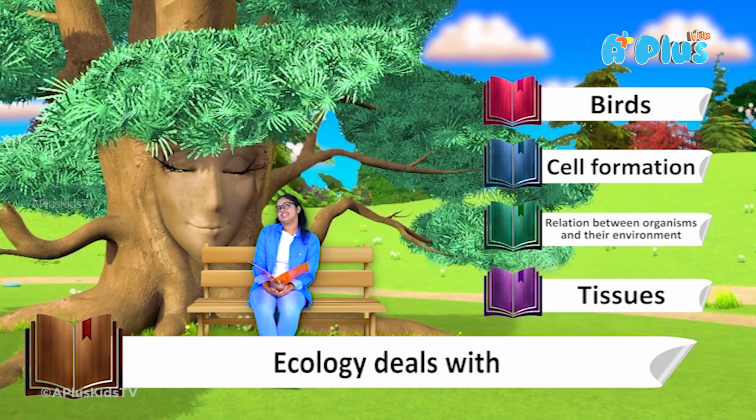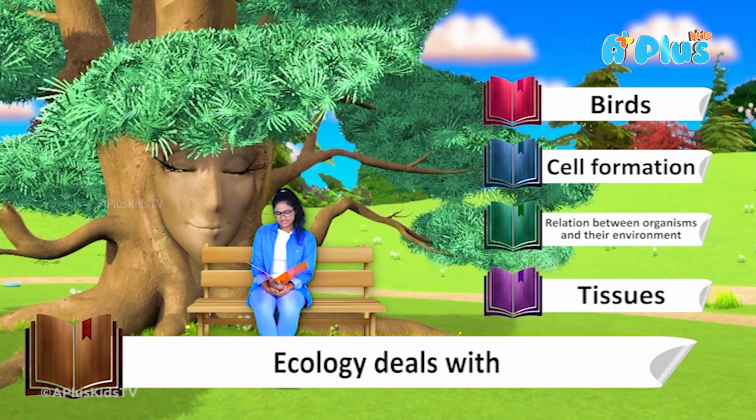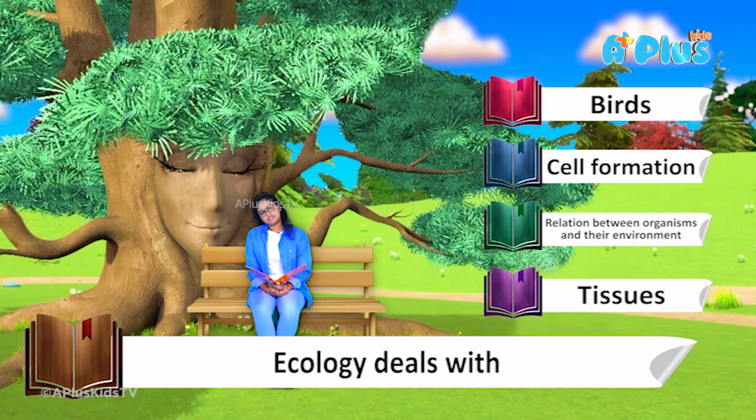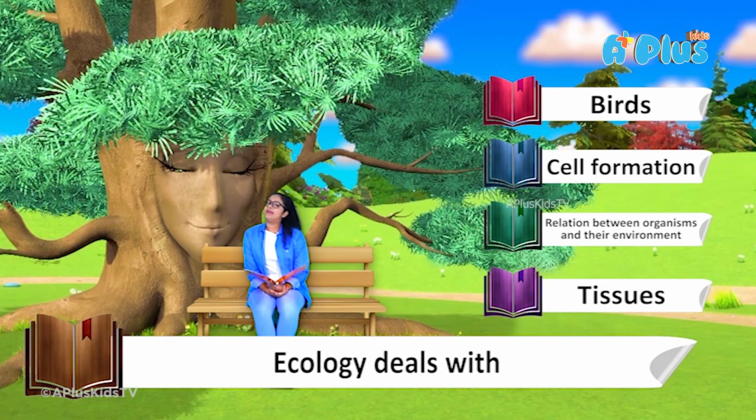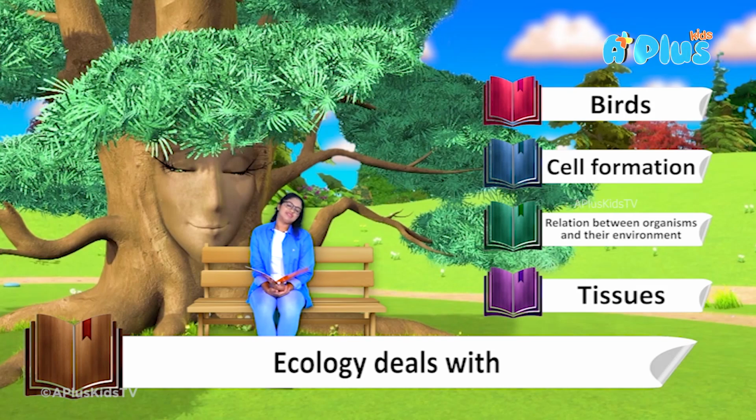Ecology. I remember learning this in science. For now, we haven't done the chapters about birds, cell formations or tissues. But we did about organisms and their environment. So this word seems familiar to me.